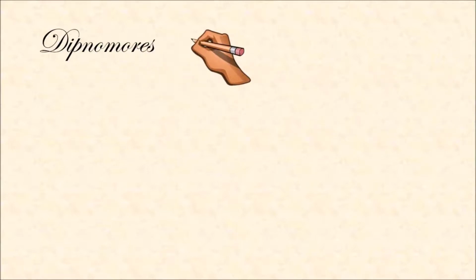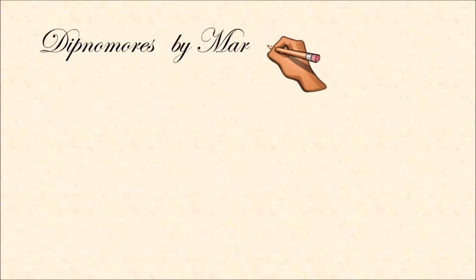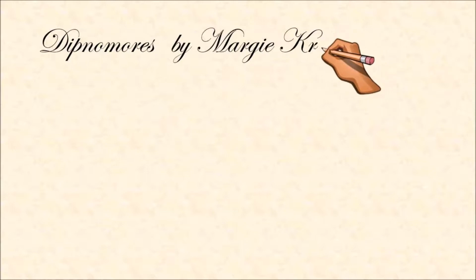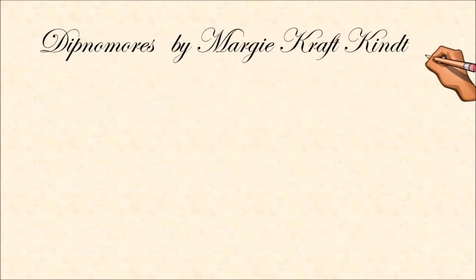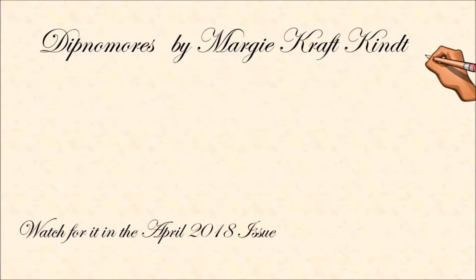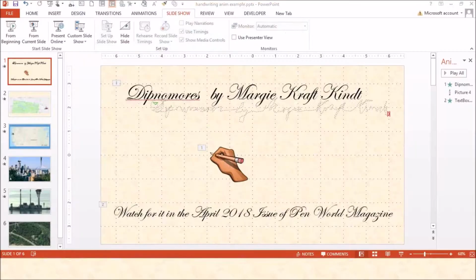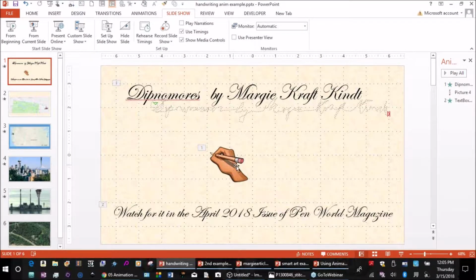So you can see the pen is tracing over the letters, and it looks like it's actually writing them on the PowerPoint slide. And then after that, I just animated the words to come in one after another down below. So that's one way to use a GIF. That's what this is, a GIF that is not animated.